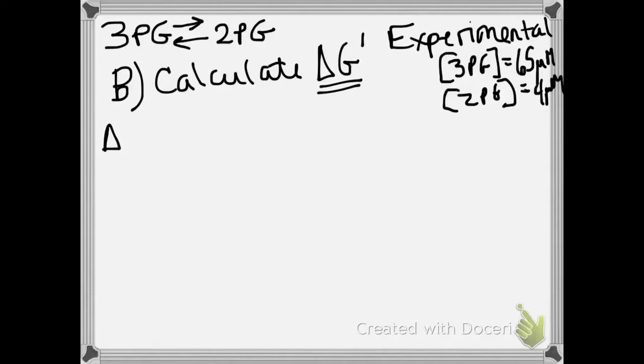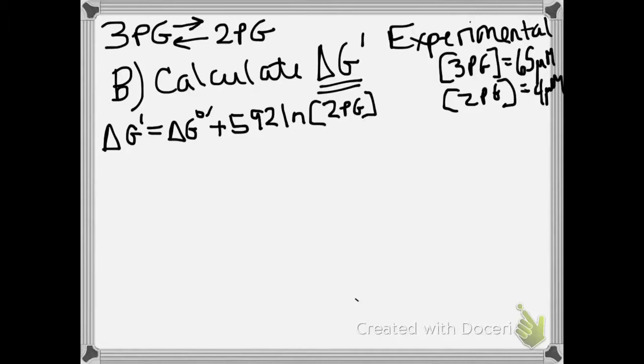But delta G is equal to the standard free energy change plus 592 times the natural log of 2 PG over 3 PG.